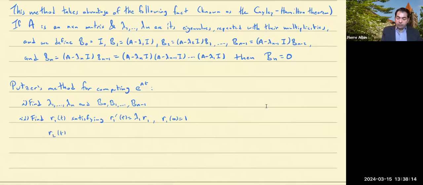Then you find R2 of t, satisfying R2 prime of t is lambda 2 R2 plus R1 with initial condition R2 of 0 equal to 0, right? And so on until you find Rn of t, satisfying Rn prime of t is lambda n Rn plus R n minus 1 with initial condition 0 at 0.